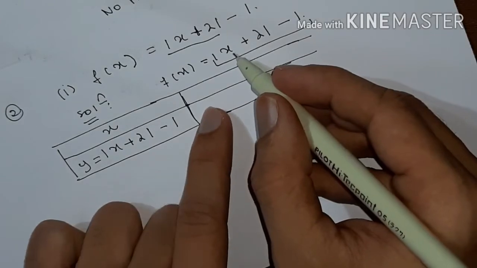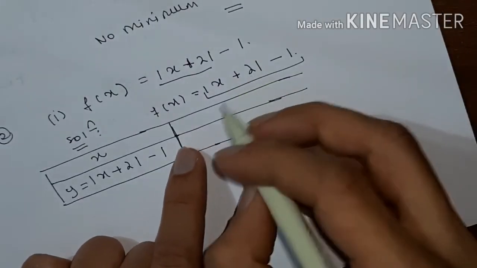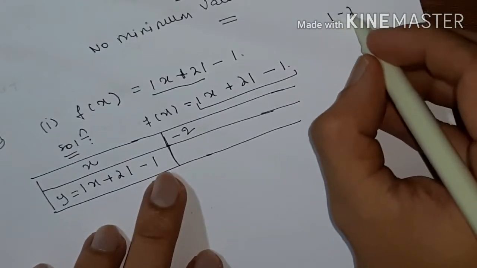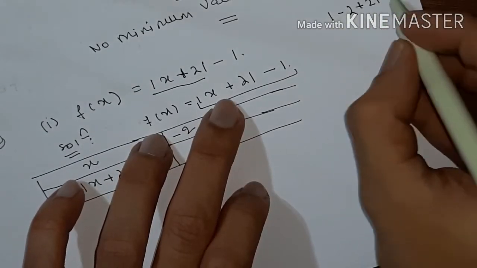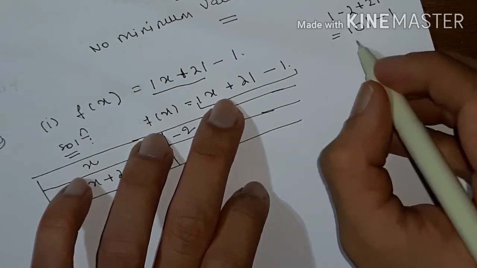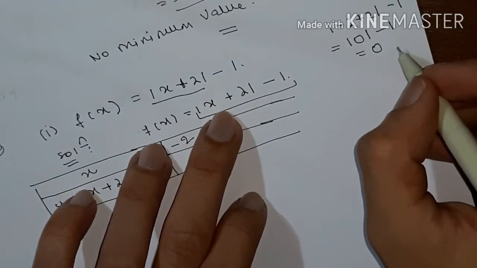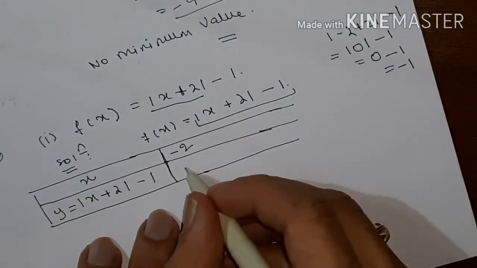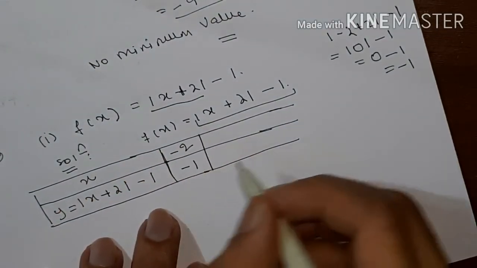If you take minus 2 here, what you will get? Modulus of minus 2 plus 2 minus 1, so that is modulus of 0 minus 1, which is minus 1. So minus 1 you are getting.